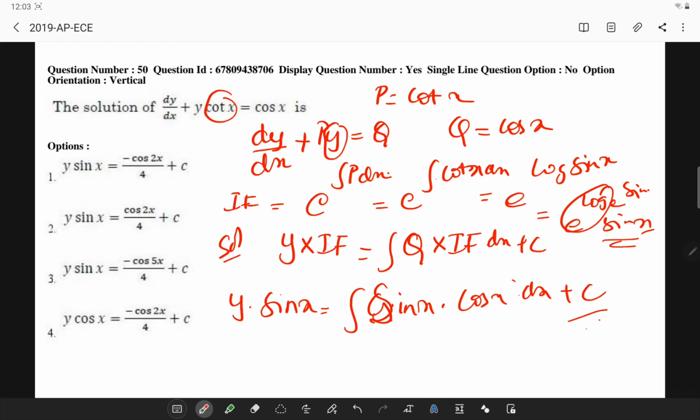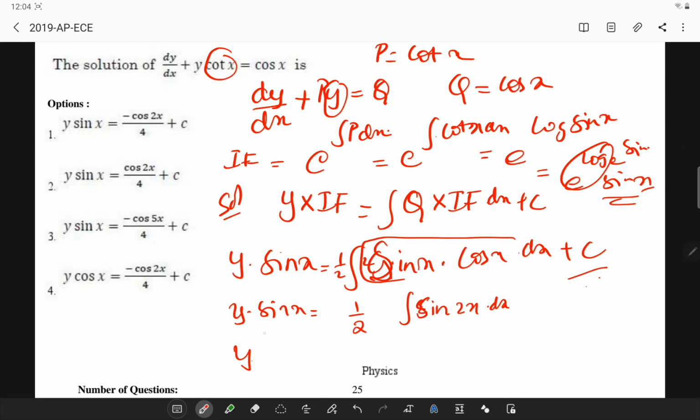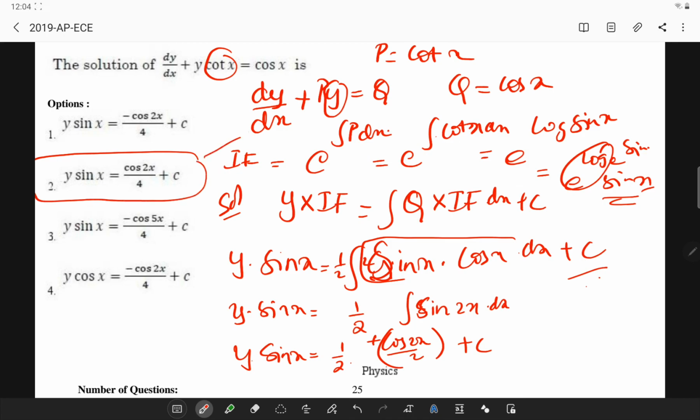So I can simply write this as 1 by 2 into integral sin 2x dx. So y into sin x is equal to 1 by 2 into integral sin 2x, which is minus cos 2x by 2, plus c. So I will have the answer simply this.